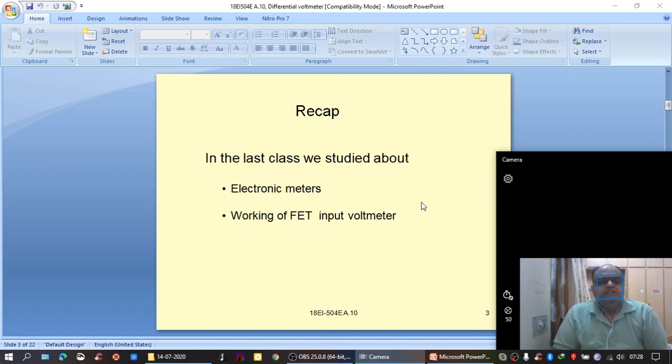So the combination of FET used in source follower followed by a BJT used in emitter follower increases the input impedance by a large amount, ensuring the sensitivity of the device to be very high and loading effect is nominal.